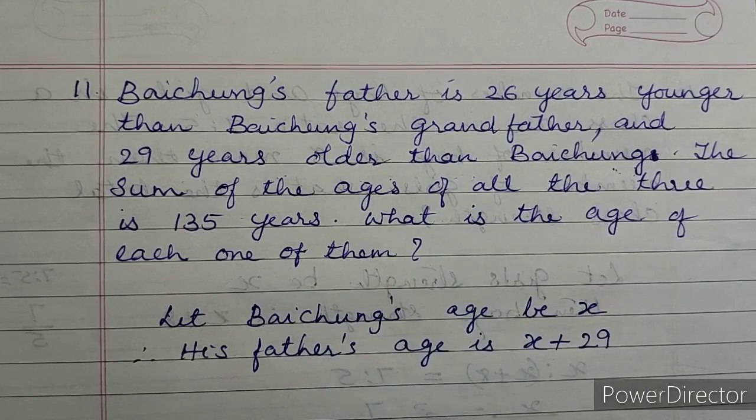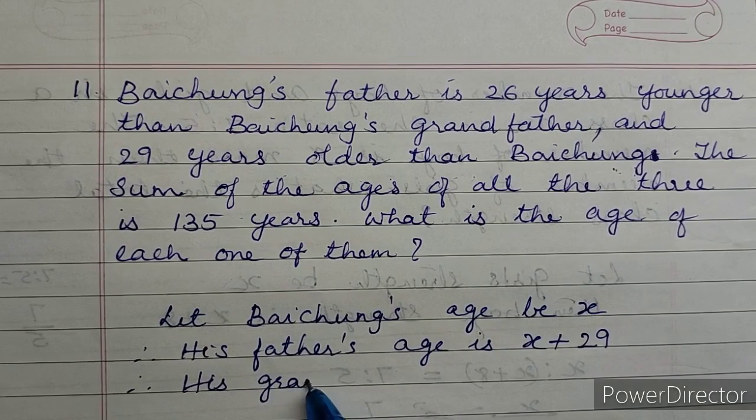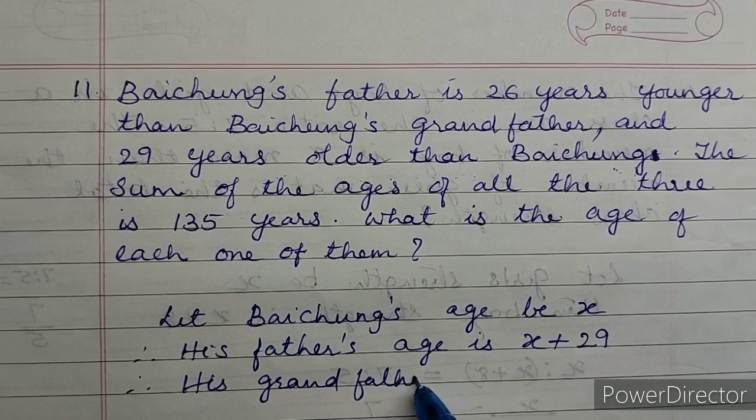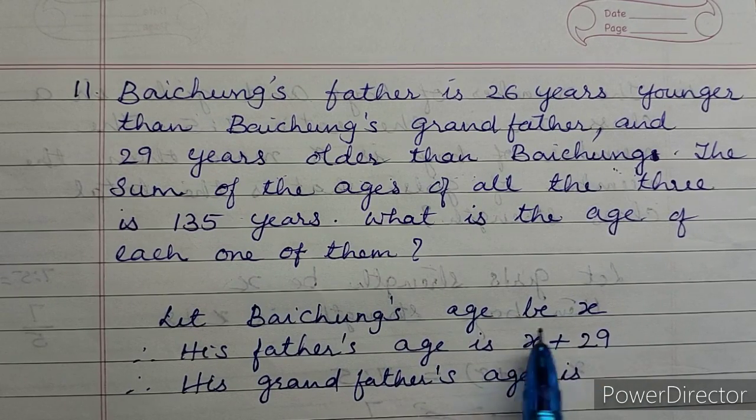So that means grandfather is 26 years elder than Baichung's father. So therefore, his grandfather's age is father's age plus 26.